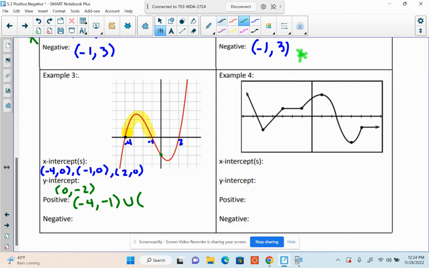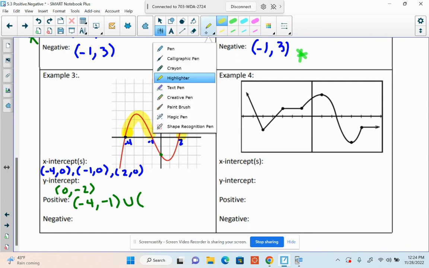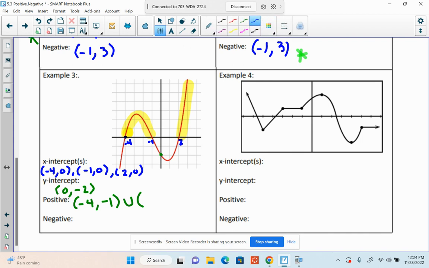And then again from, it's above the x-axis here, from 2 to infinity. All right. From 2 to infinity. From here, forever to the right.